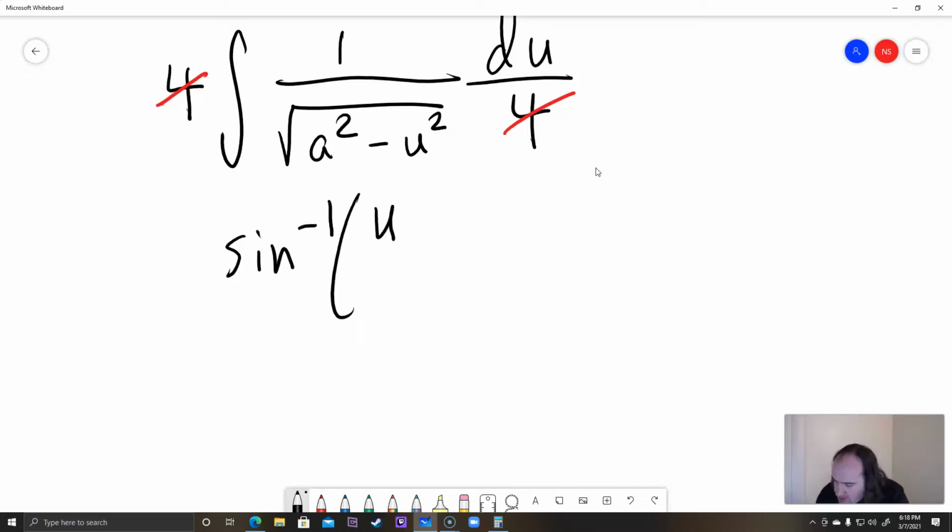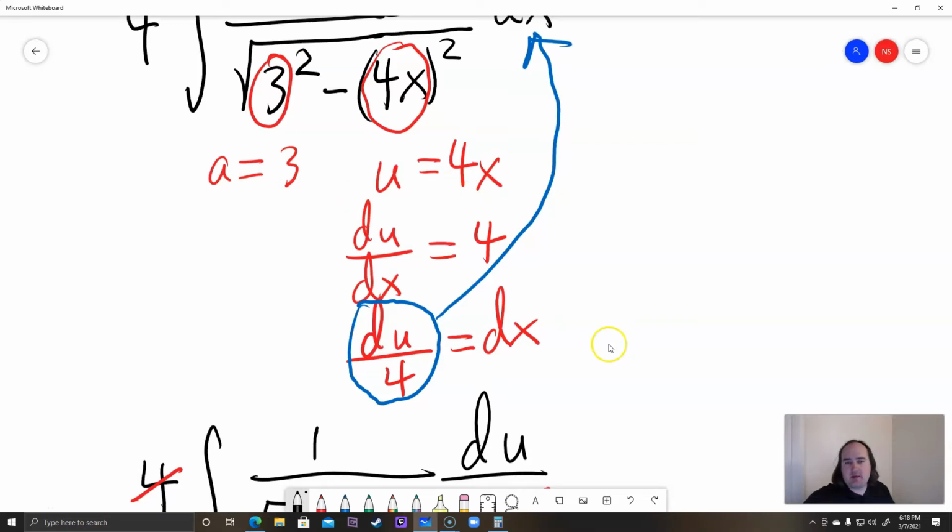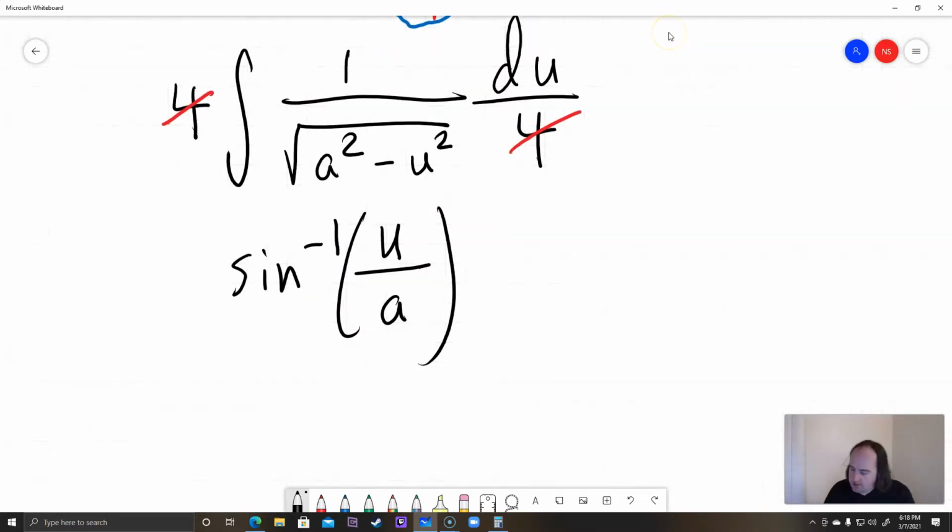I don't write the plus c until the very end of the problem, because I'm lazy like that. Plugging back in, we said u was 4x and a was 3, so we're going to have sine inverse of 4x over 3.